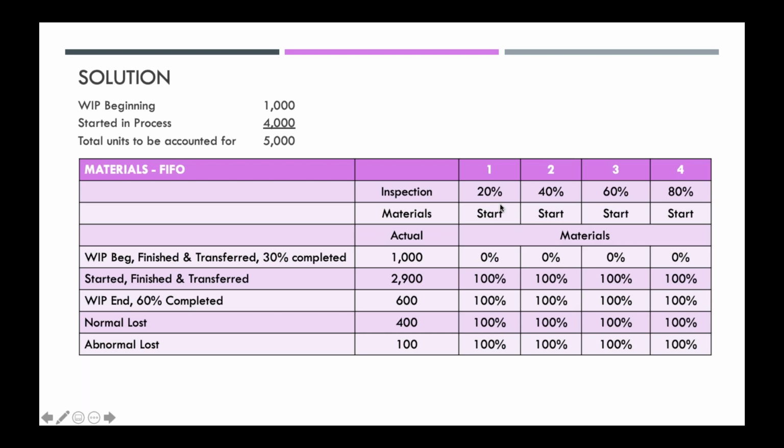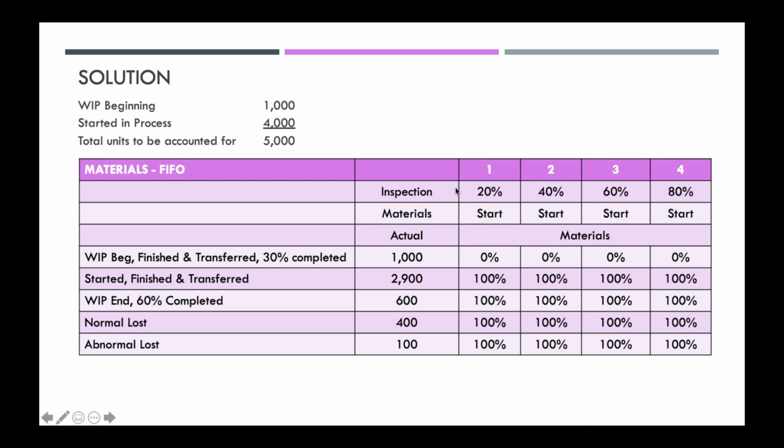Kasi nag-inspect siya after 20%. So therefore, yung loss units niya is only determined after 20% of the production. E nalagyan na siya ng materials. Kaya all of these have 100% work done for materials because materials is added at the beginning of the process.